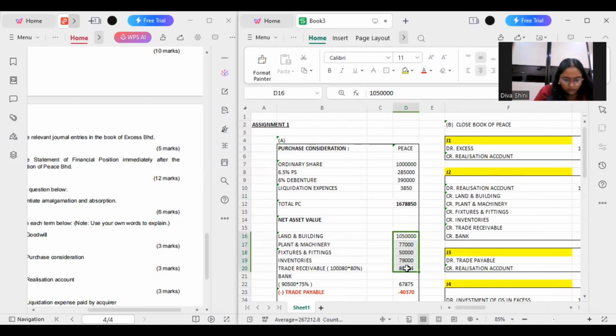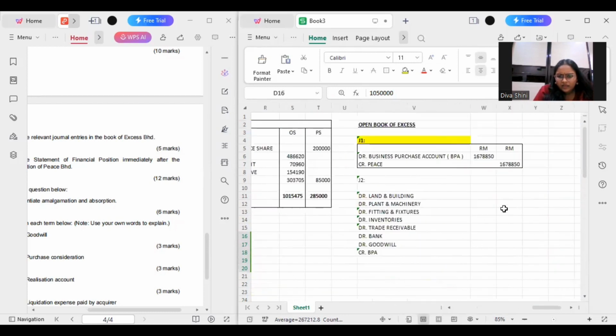So this we need to copy and paste here because these are the amounts from PS. So we need to take all the amounts of PS to the open book of SME.